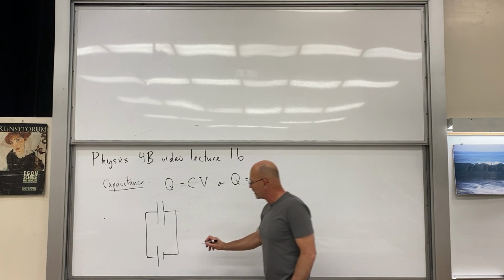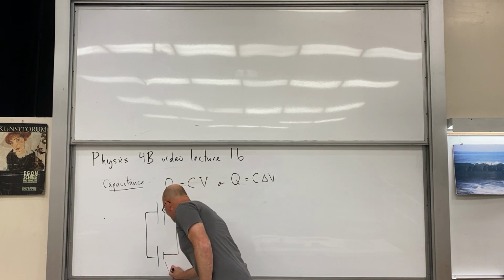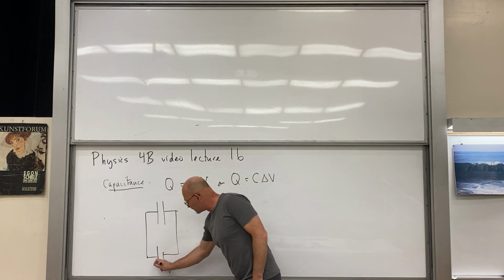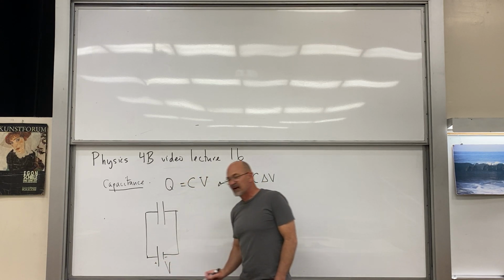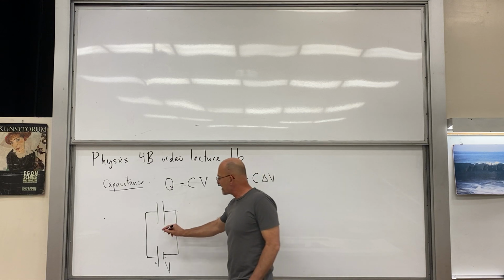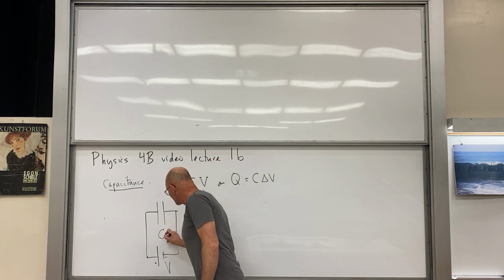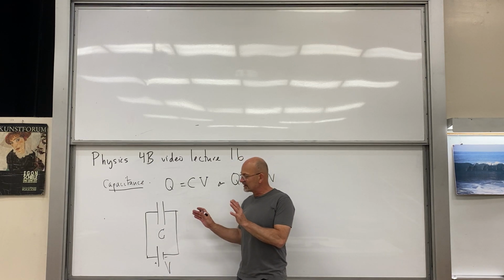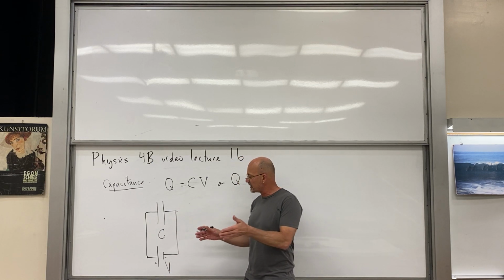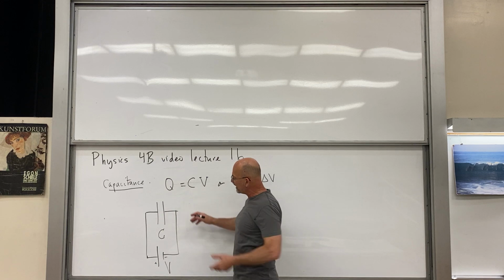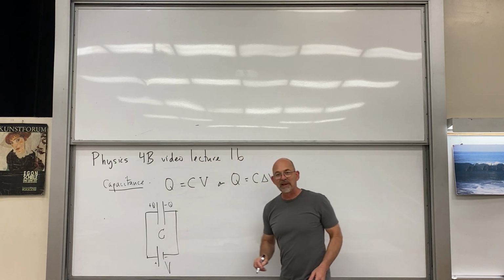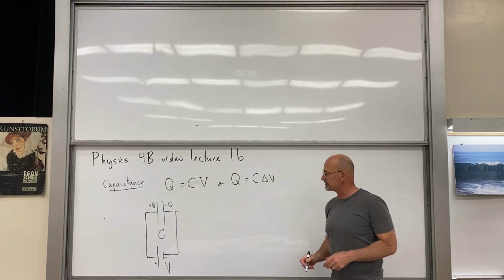Okay, so we'll have our V, and this would be the positive and the negative side, and then we'll have our capacitor C here. We'll investigate the time dependence of how it happens, but for now we hook the capacitor up and eventually we get positive Q and negative Q on the respective plates of the capacitor.